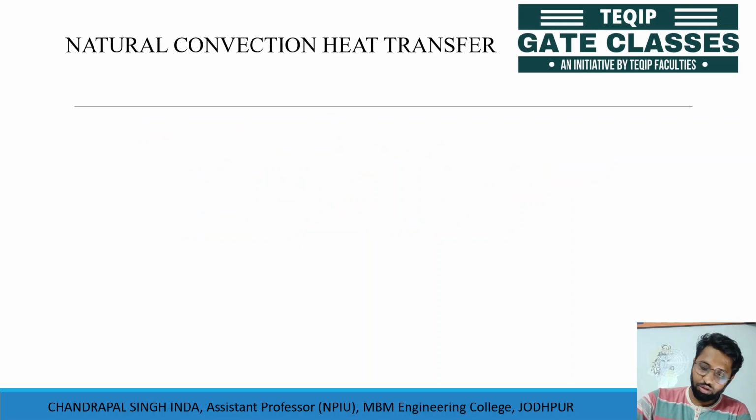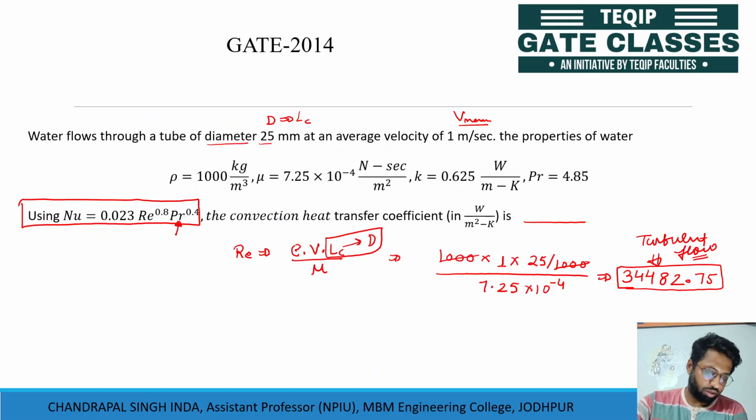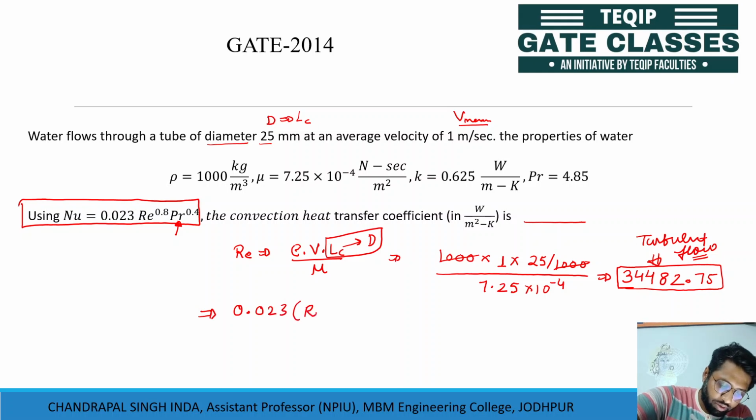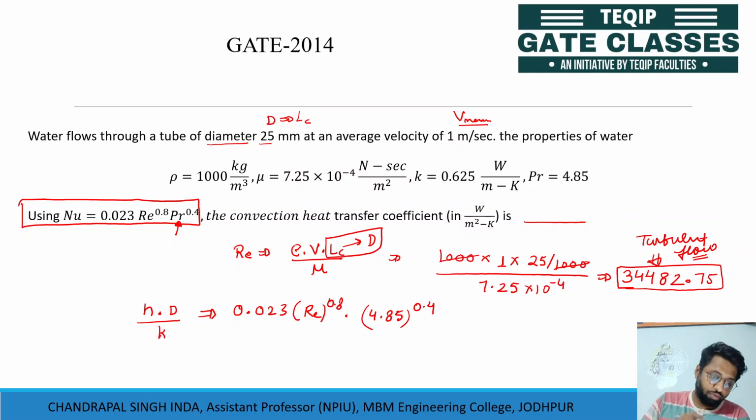Now we have the Reynolds number, and we have to put the value of the Prandtl number in the equation. 0.023 Reynolds power 0.8, multiplied by the Prandtl number 4.85 power 0.4, and Nusselt number is equal to h d by k of fluid.